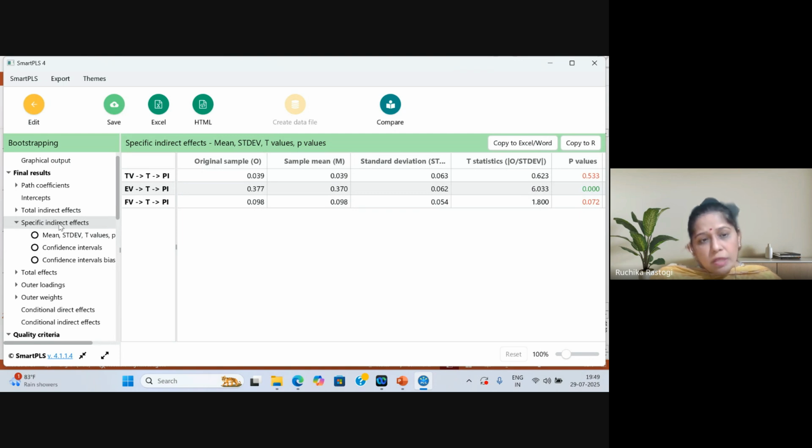Now, there are two things that we will check here: the indirect effect and direct effect. Click on specific indirect effect.